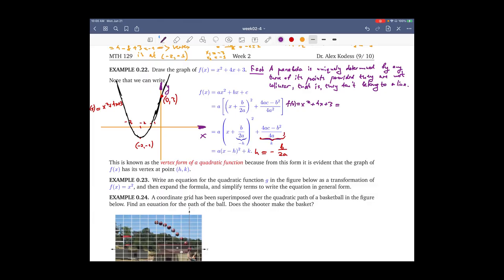Well, we begin with factoring out the coefficient in front of x squared, which is already 1, so nothing to factor.